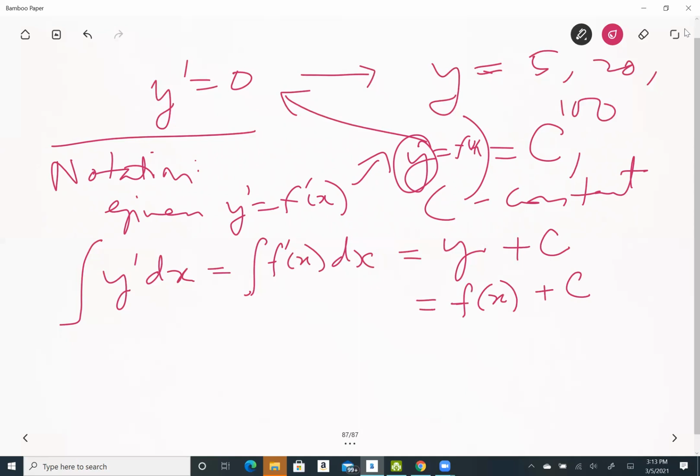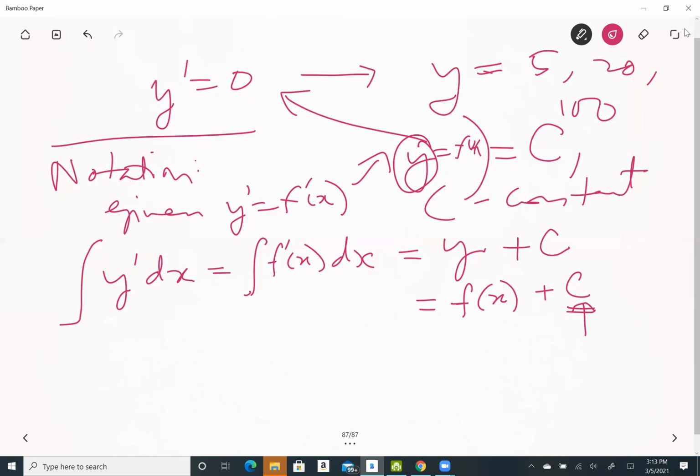So that's how you make the notation. Now, why do you put that c? Because the derivative of 0 is a constant. All right, so the constant will be there always. We just don't write it.